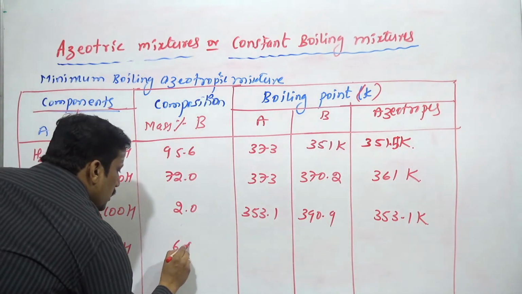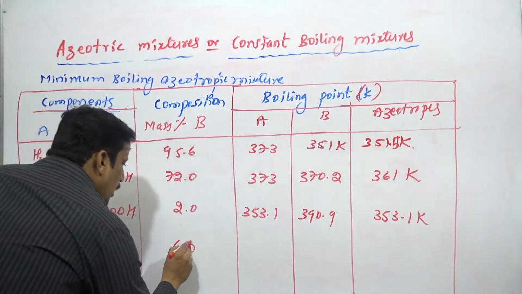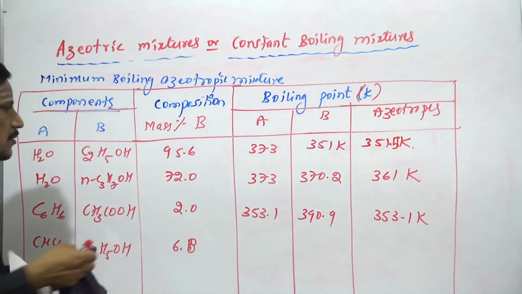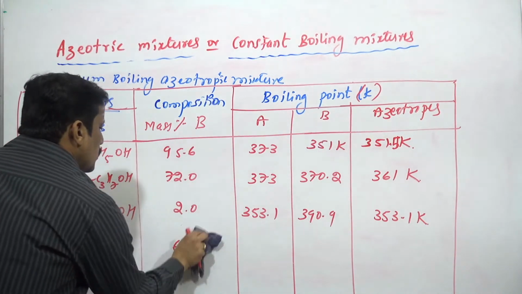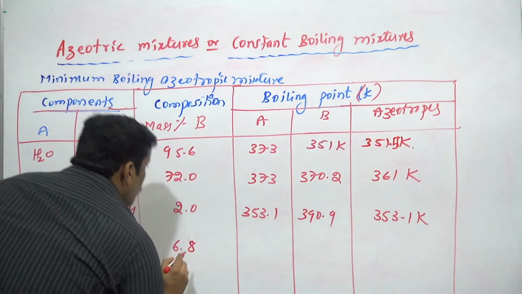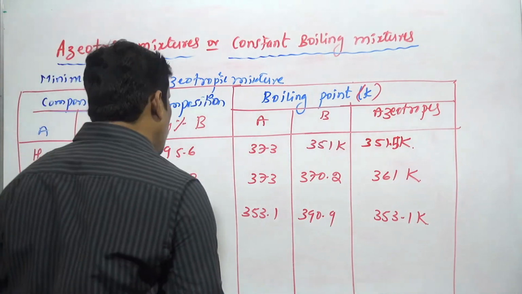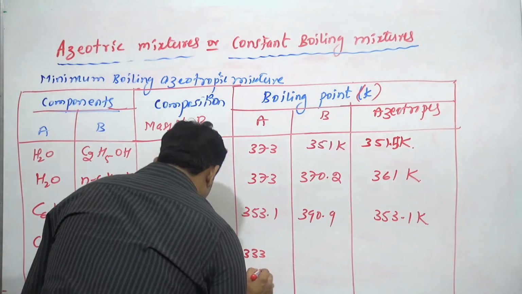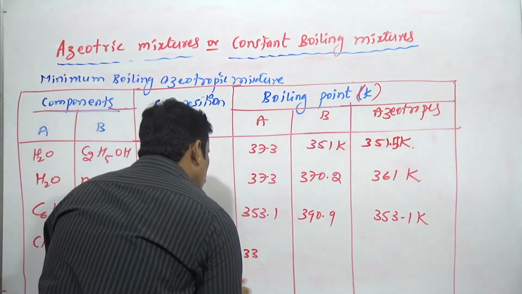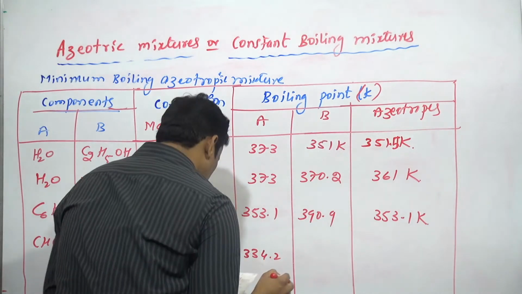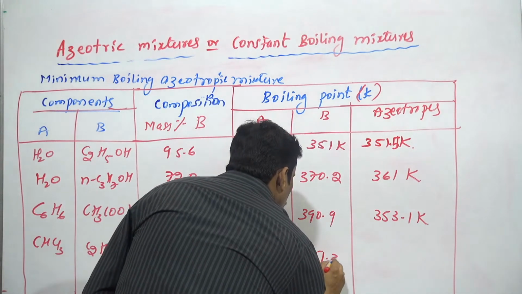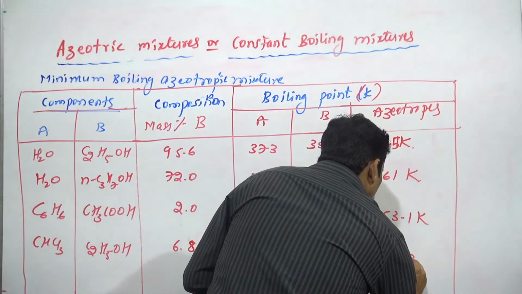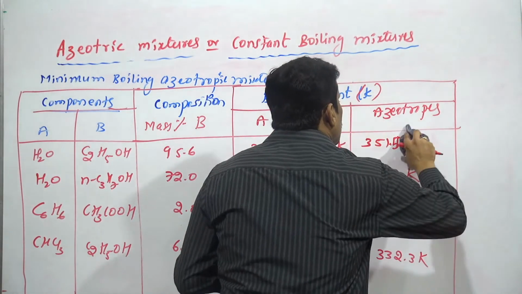The mass percentage of ethyl alcohol is 6.8%. The boiling point of chloroform is 334.2, ethyl alcohol is 351.3, and the mixture boils at 332.2 Kelvin.